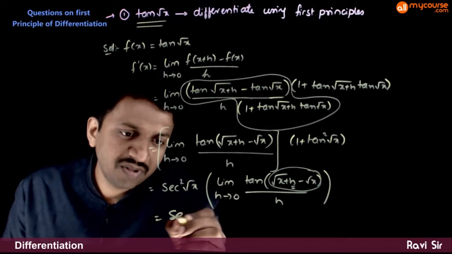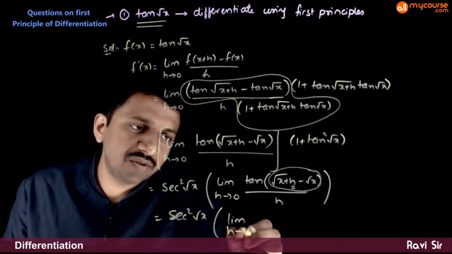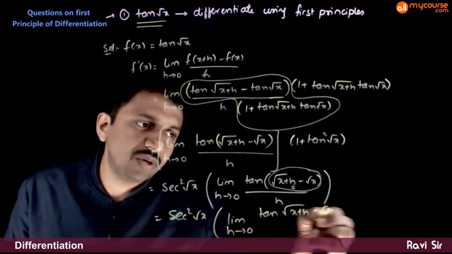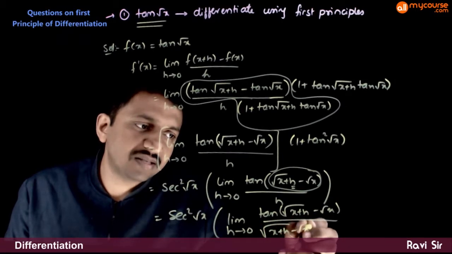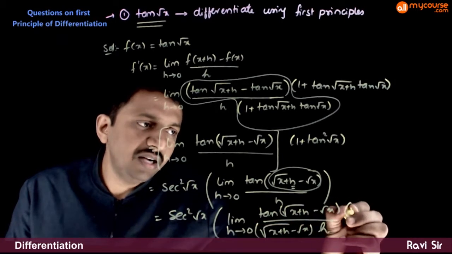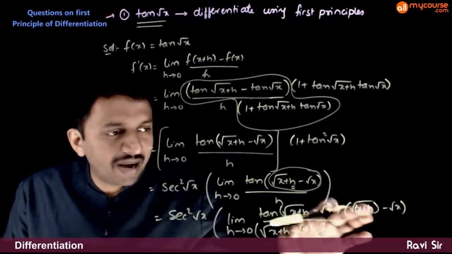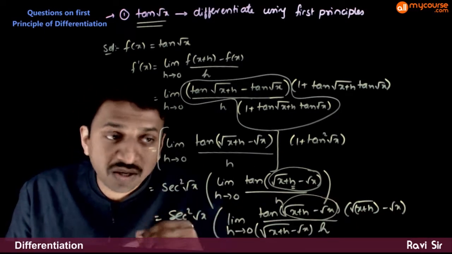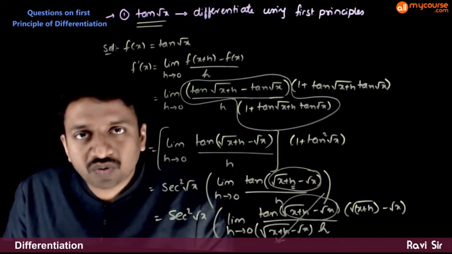So that is equal to secant square root x times limit h tends to 0 tan of root of x plus h minus root x by root of x plus h minus root x times root of x plus h minus root x by h. I have multiplied and divided with this. So as root of x plus h minus root x goes to 0, tan something by something goes to 1. So this expression goes to 1.